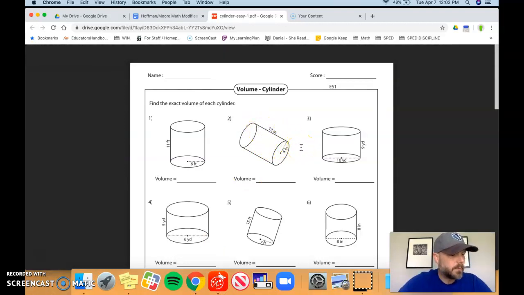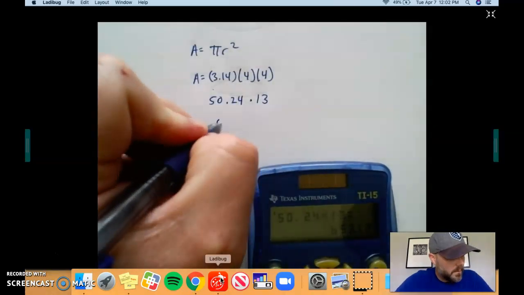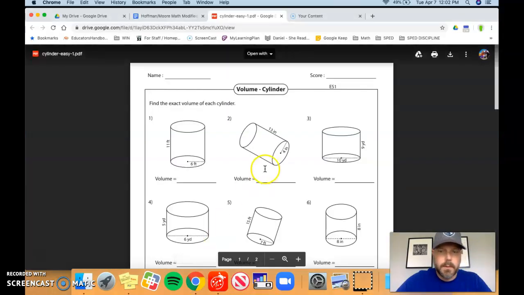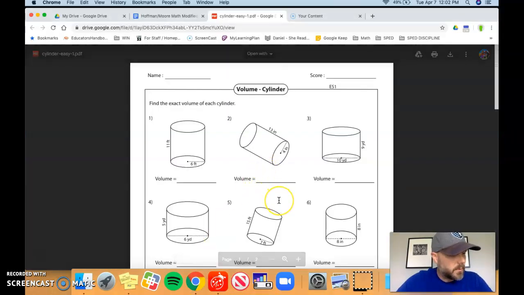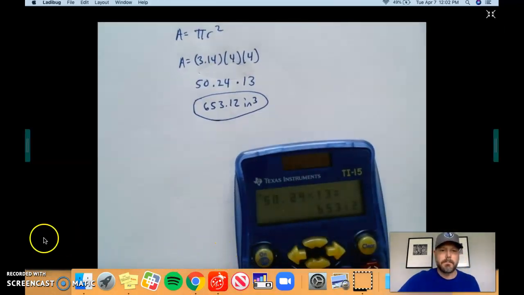So that times 13 gives me 653.12 inches cubed. So that is my answer right here.